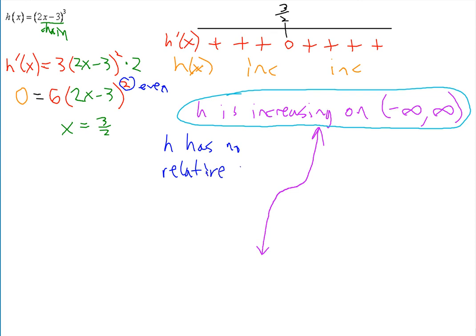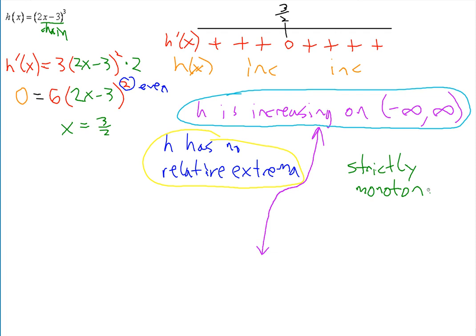Remember, extrema refers to both minimums and maximums. And what this type of function is called when it's always increasing or always decreasing, we'll see this term later on, it's referred to as strictly monotonic. Just think mono means one, right?